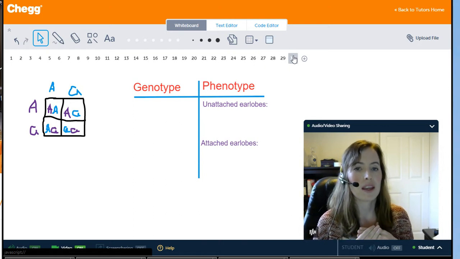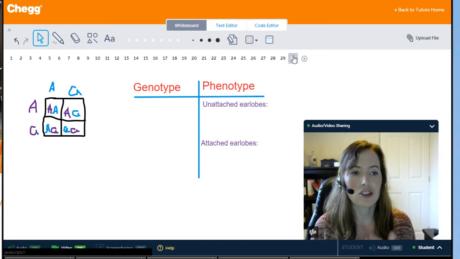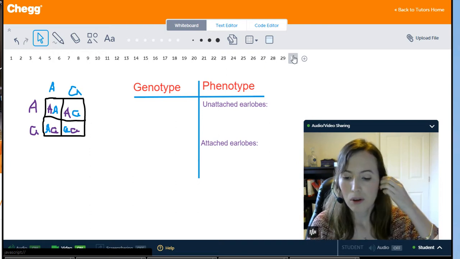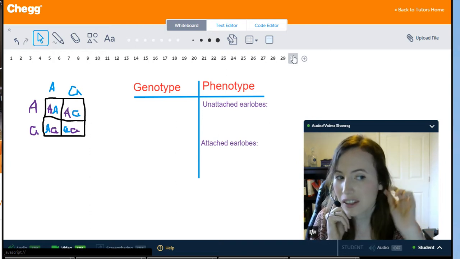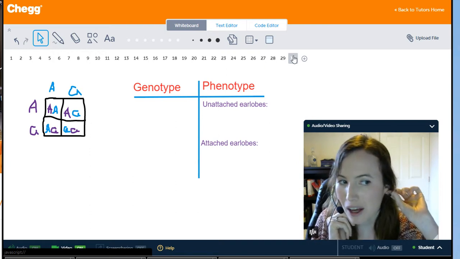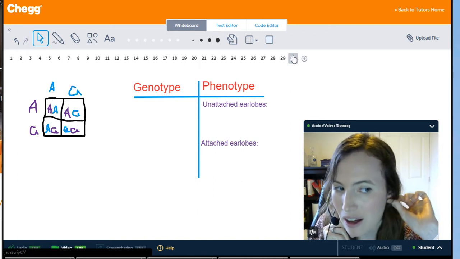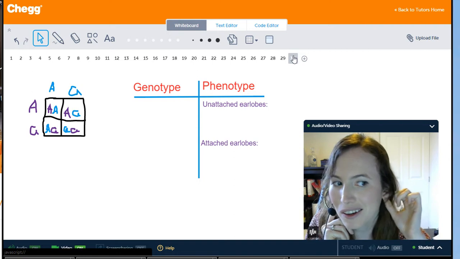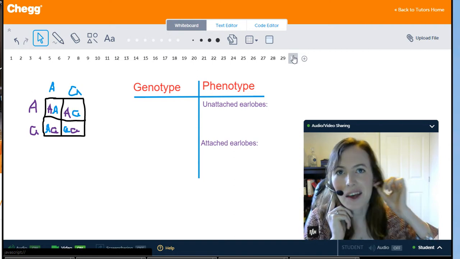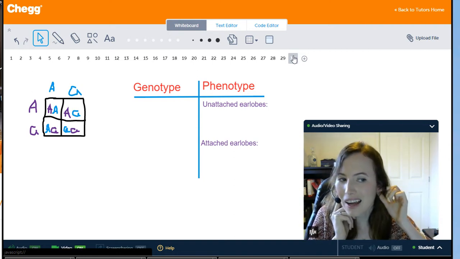So let's use an example and let's do earlobes. So for attached versus unattached, so I have my headphones on, but I'll still show you. So I have unattached earlobes, meaning that they hang low, like the song, your ears hang low. Anyways, so I have unattached earlobes and part of it comes off.